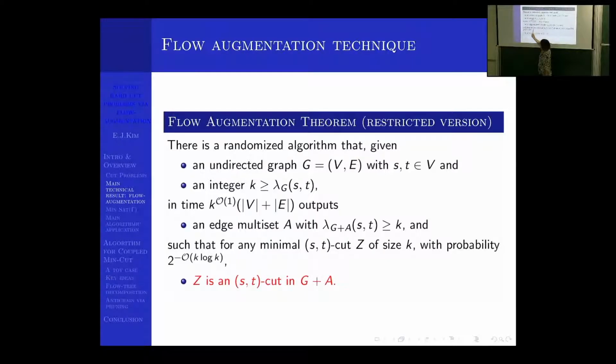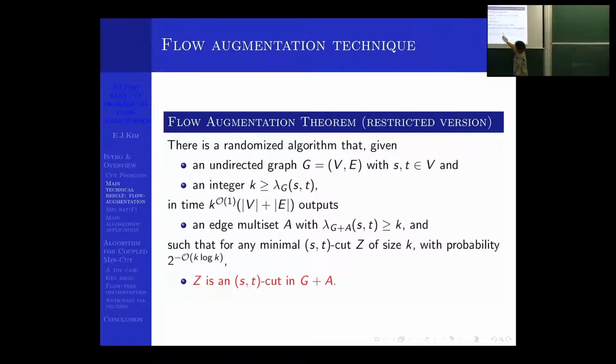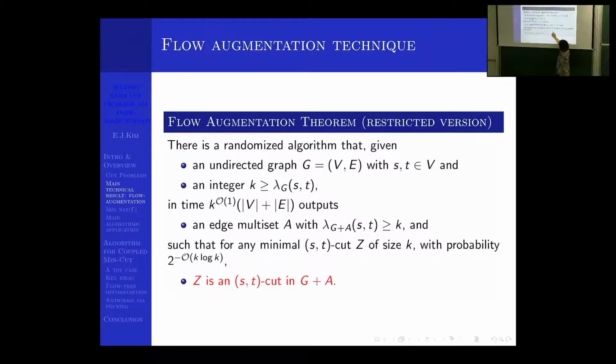There is a polynomial time algorithm that, with a pretty good probability, roughly 2 to the minus k log k, if you have the guarantee that the cut z you are looking for is minimal and of size at most k, can add edges so that z becomes the minimum ST cut, the cardinality minimum ST cut.